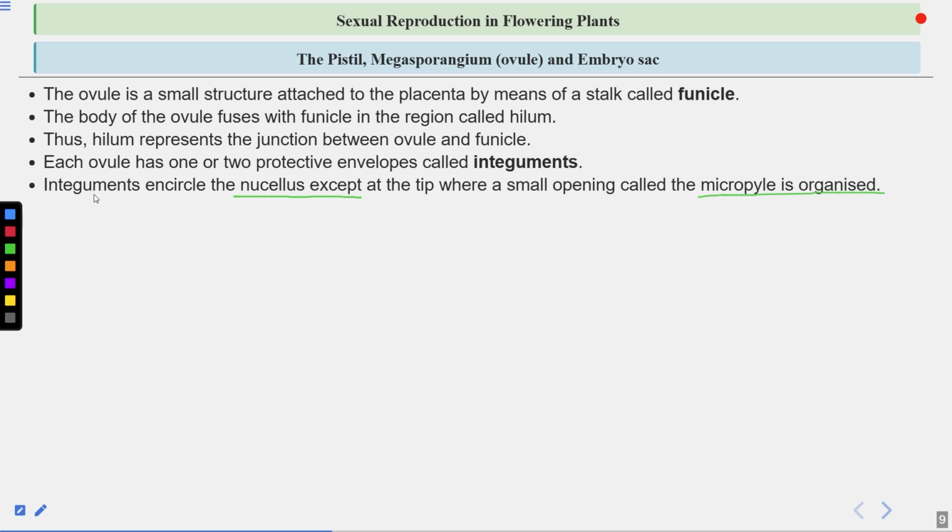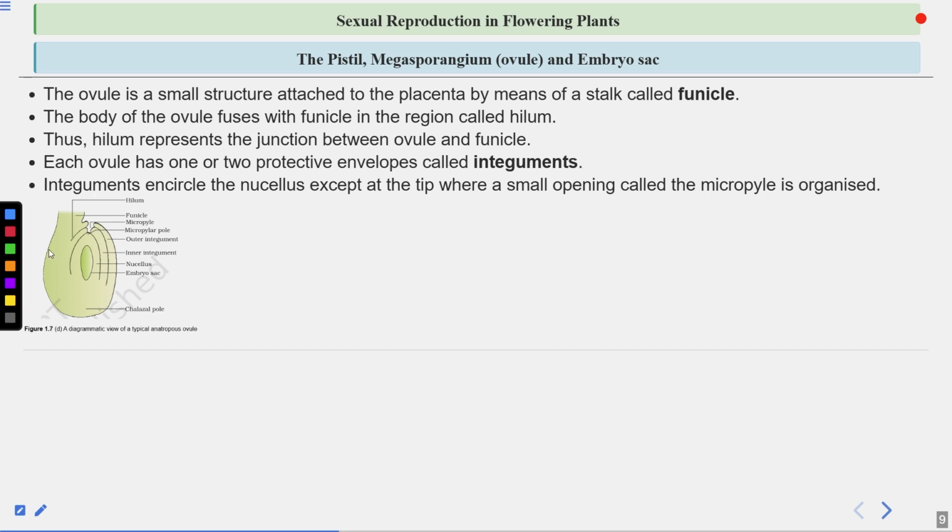The integument is covering the whole nucellus part except at the tip. At the tip, they form the small opening, and that opening or pore-like structure is called the micropyle.